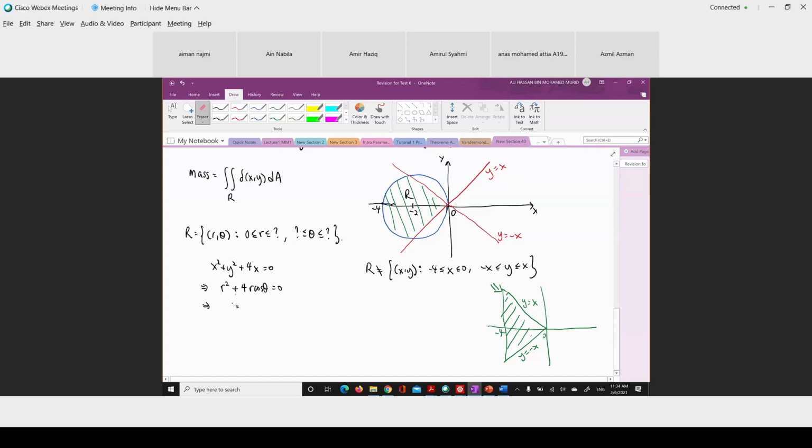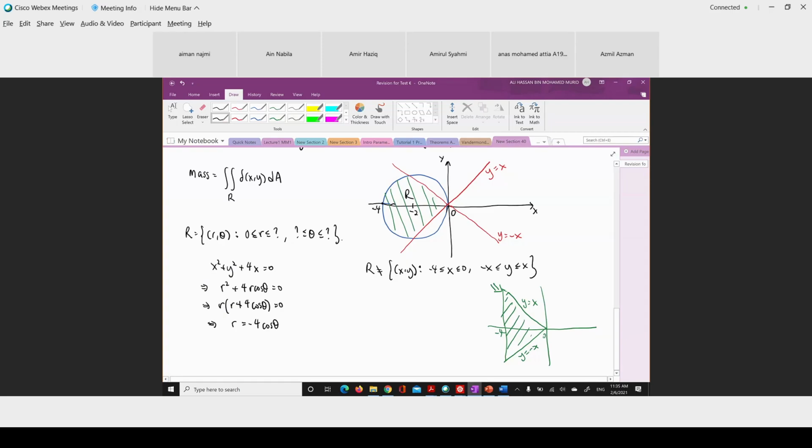You can factor out r: r plus 4 cos theta equals 0. So r cannot be 0, so we must have r equal to minus 4 cos theta. So the equation of the circle is r equal to minus 4 cos theta.